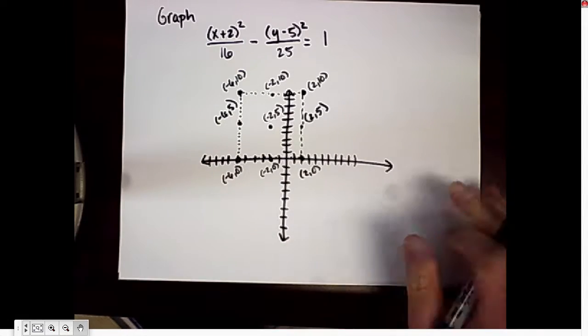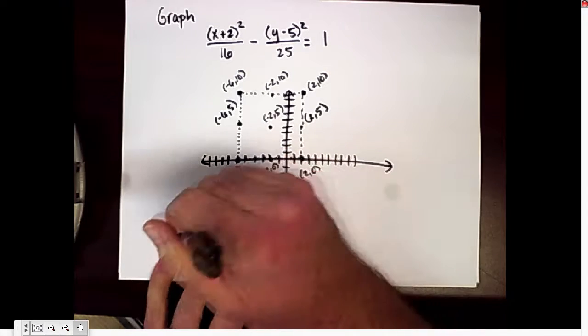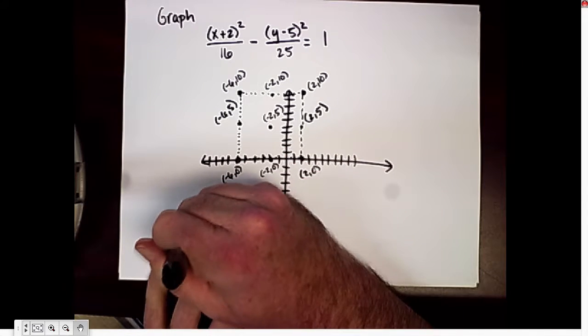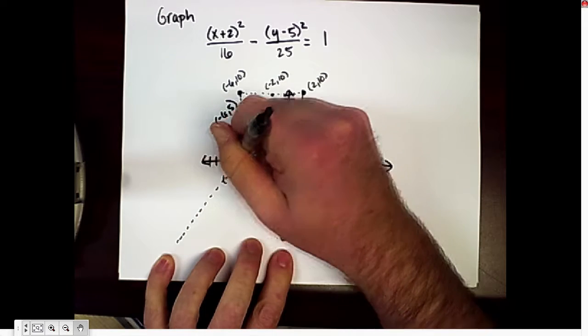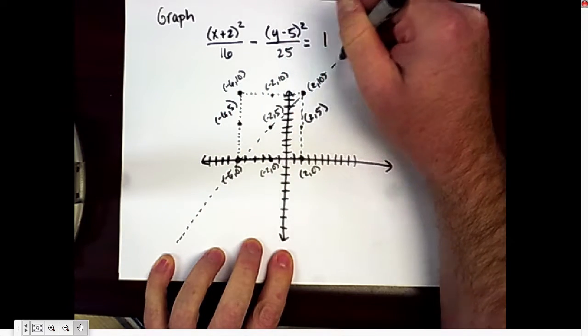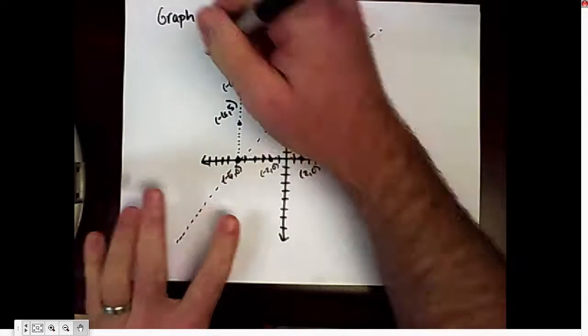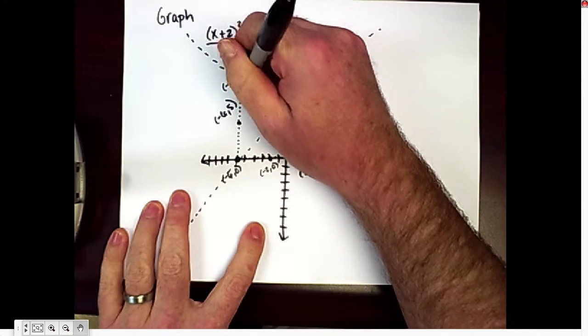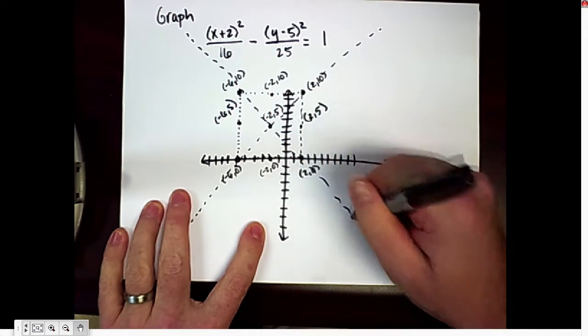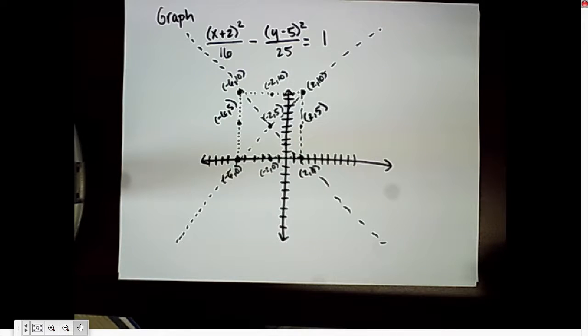So that's an asymptote. That's an asymptote. Now a hyperbola looks like two parabolas that go in opposite directions.